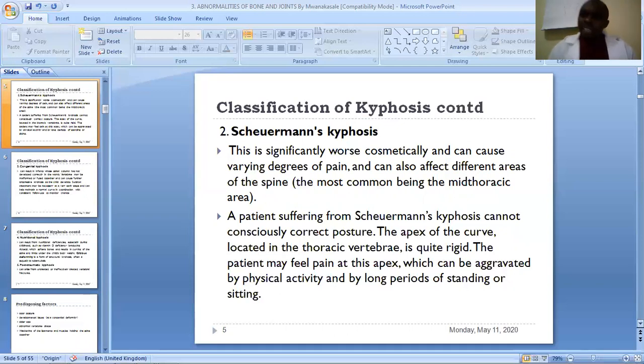Let me take you back to the anatomy that you did in the skeletal system. Let's look at the structure of the vertebral bone. You recall that the vertebral bone has the body and it has the two pedicles on the right and left. It also has the two transverse processes, one on the right side, one on the left side.